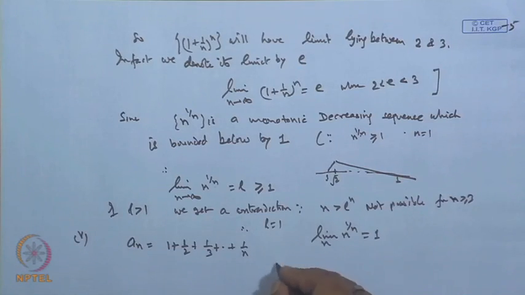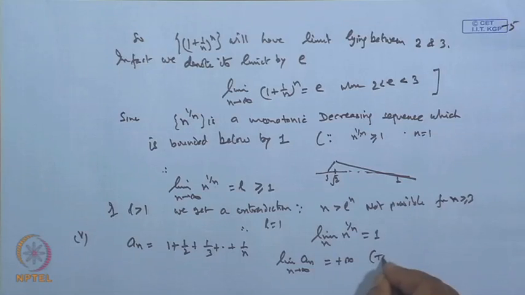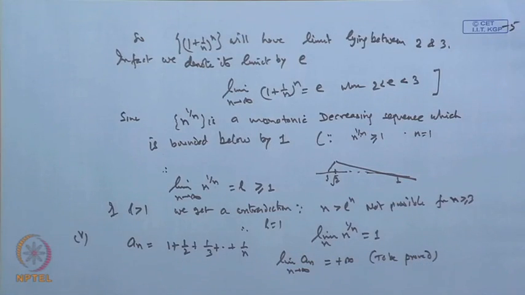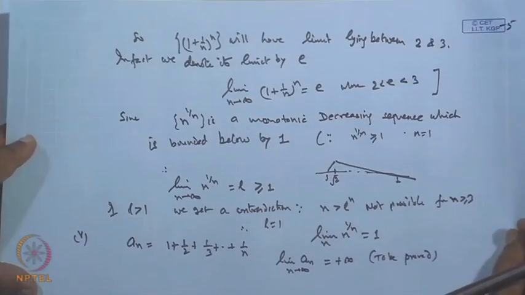Limit of A n when n tends to infinity will be plus infinity. This is to be proved. Okay? Limit of this will be 2. Now, how to show this part? Again we will justify it by our, what is our A4?